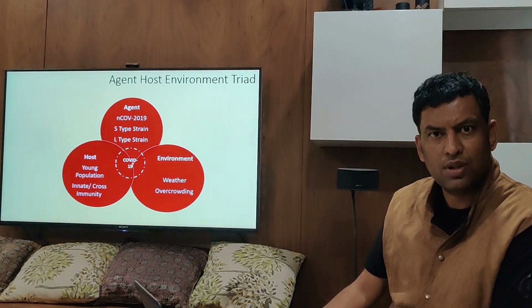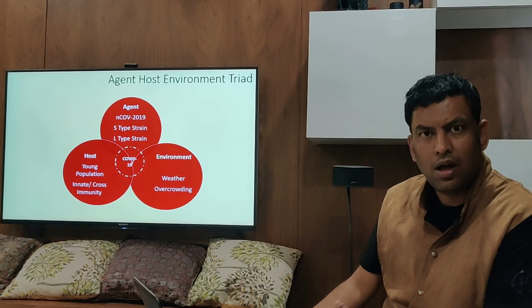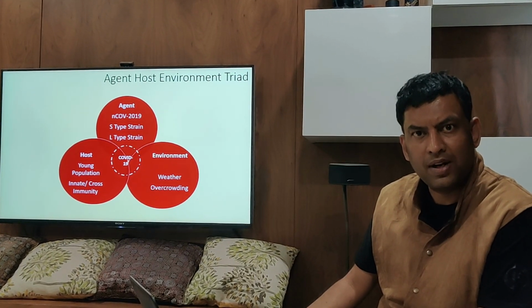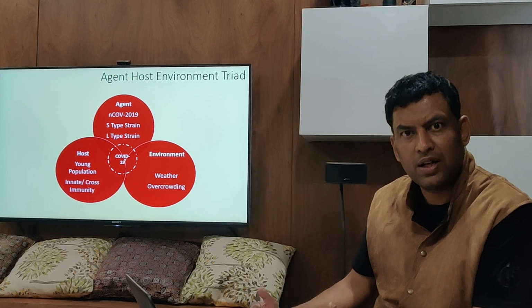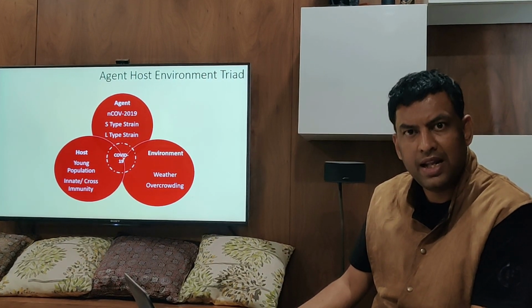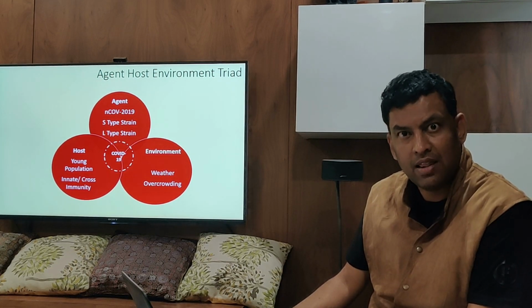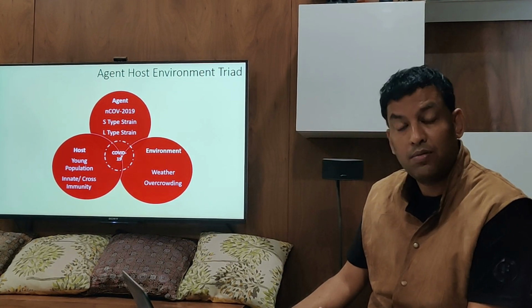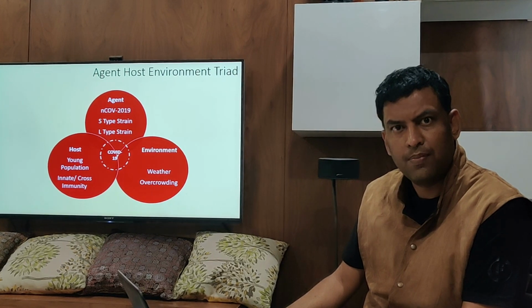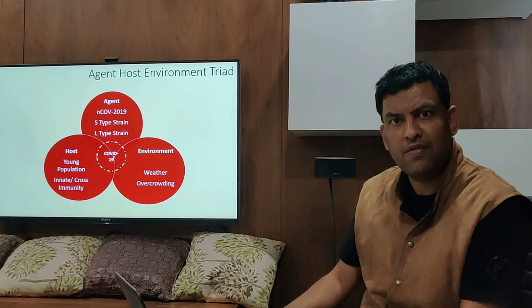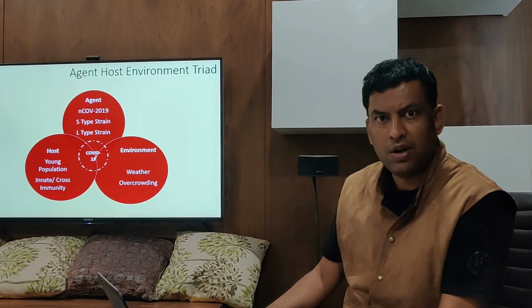Although some data seems to suggest that it is more prevalent in the latitudes between 30 and 50, where mainly the weather conditions are colder and less humid. The other thing in the environment to keep note of is overcrowding, which is what everybody is worried about in India. It will help in easy spread because of the nature of the tight population that we have, with a very large population per square kilometer.